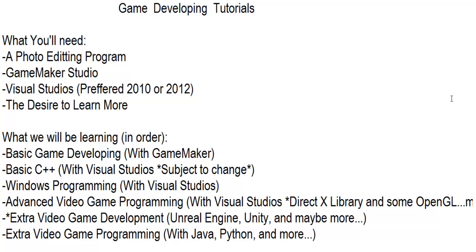Anyway, what we'll be learning, in order, I'm going to be posting everything in order, is the basic game developing with Game Maker, as I said before. This is going to be teaching you the reason why you have your photo editing program. It's going to be teaching you basic game developing terms such as collisions and stuff like that.